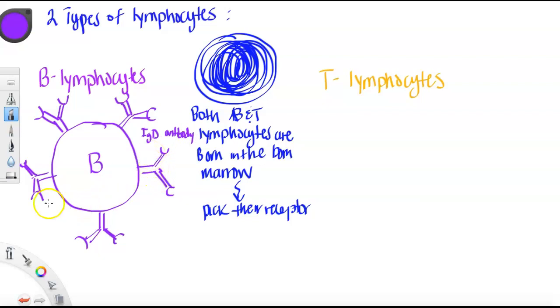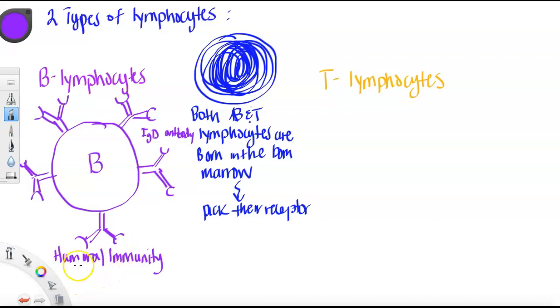All right, so the B lymphocytes are basically the mediators of humoral immunity. And what is that? Well, humoral immunity, or humors, those are the fluids of the body.